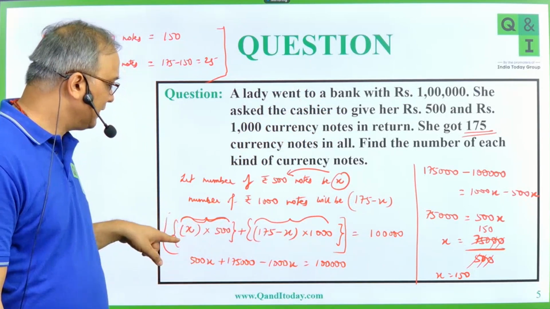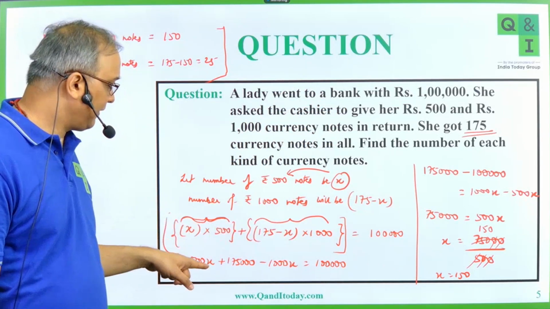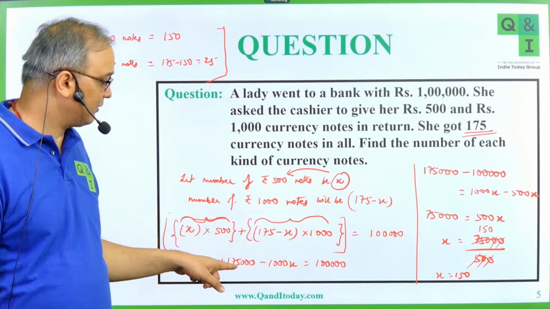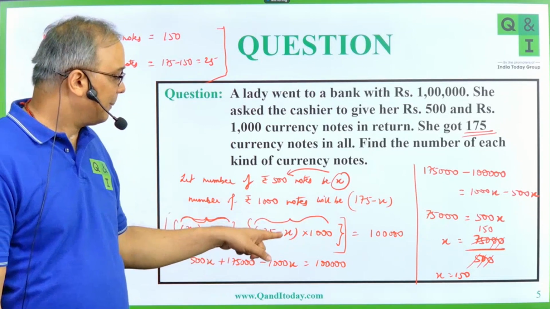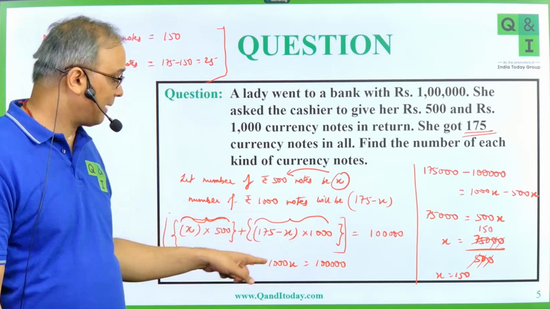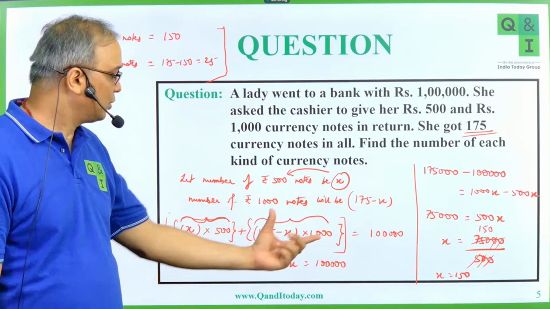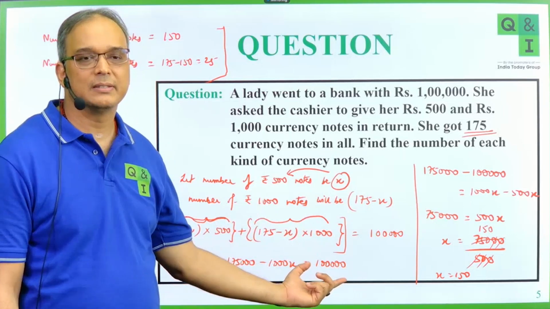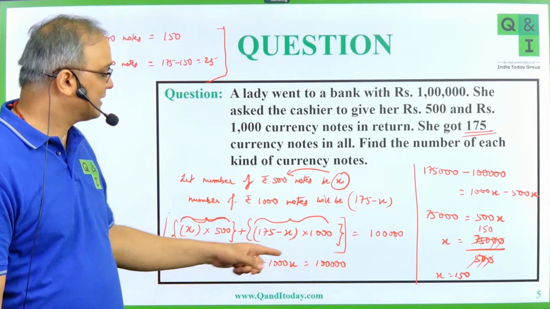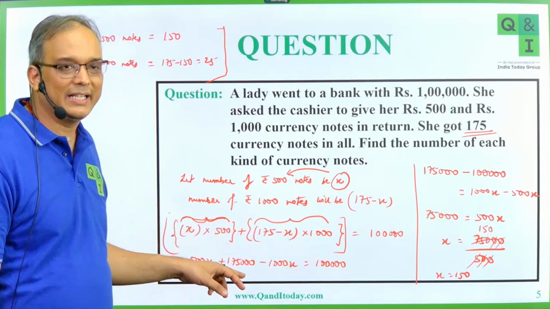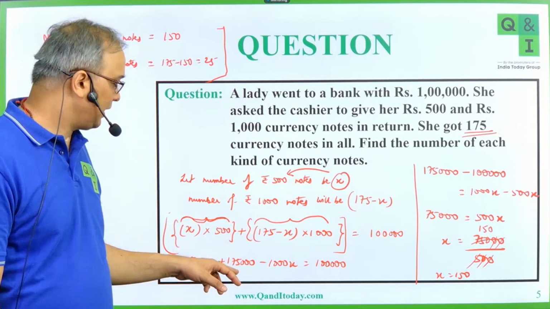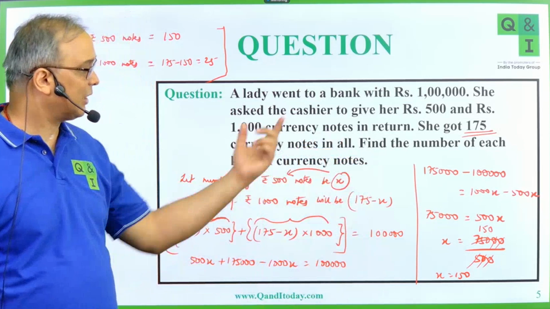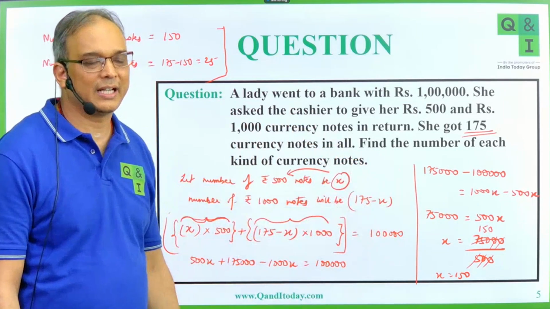Now we are solving this equation. X into 500 gives 500X. 175 into 1000 is 1,75,000. And minus X into 1000 is minus 1000X. The whole thing added together should be equal to 1 lakh rupees. Now, to simplify, transpose 1 lakh to the left side and take the variables to the right side. So that will be 1000X minus 500X on the right side.